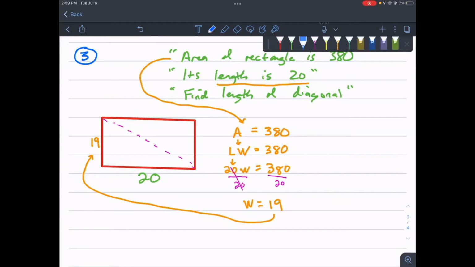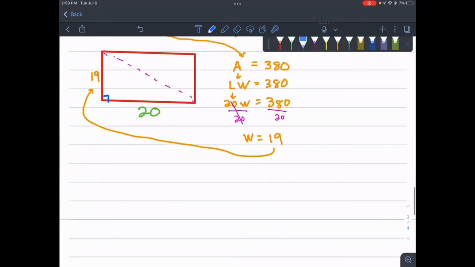And if you recognize that the shape of half of this rectangle is a triangle, and it's a right triangle that we can use the Pythagorean theorem on, a squared plus b squared equals c squared. C is going to be the long diagonal, but a and b are going to be 19 and 20.